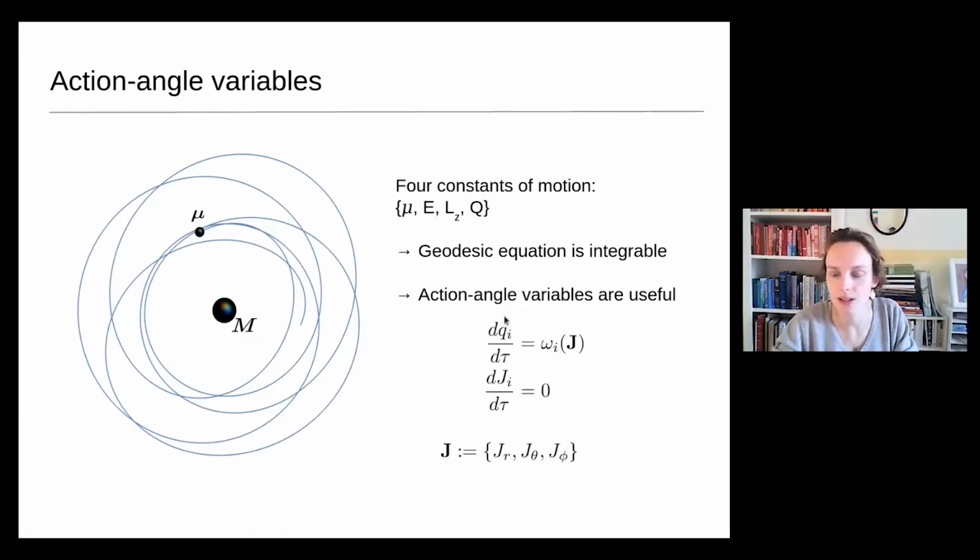Now, if you write that in terms of action angle variables, you'll see that these actions, which you can just think of as some linear combination of the 4 constants of motion, are absolutely conserved along the geodesic, and the angles just evolve at a constant rate determined by these orbital frequencies. So when I talk about omega r, omega theta, and omega phi, these are those frequencies.